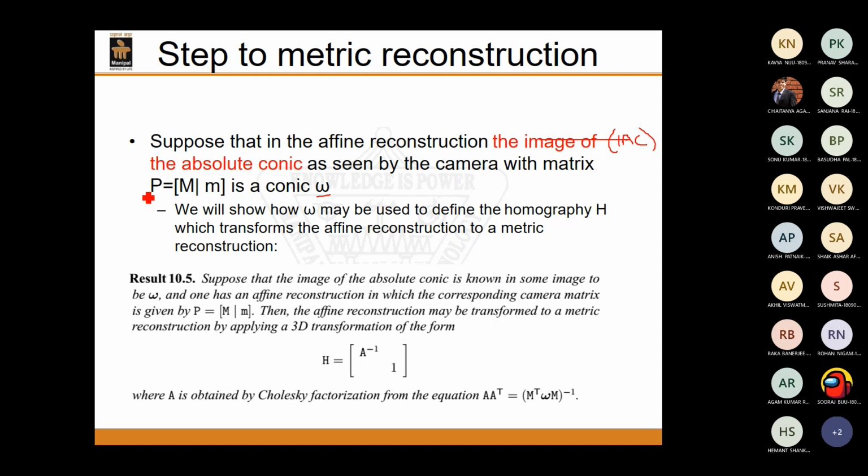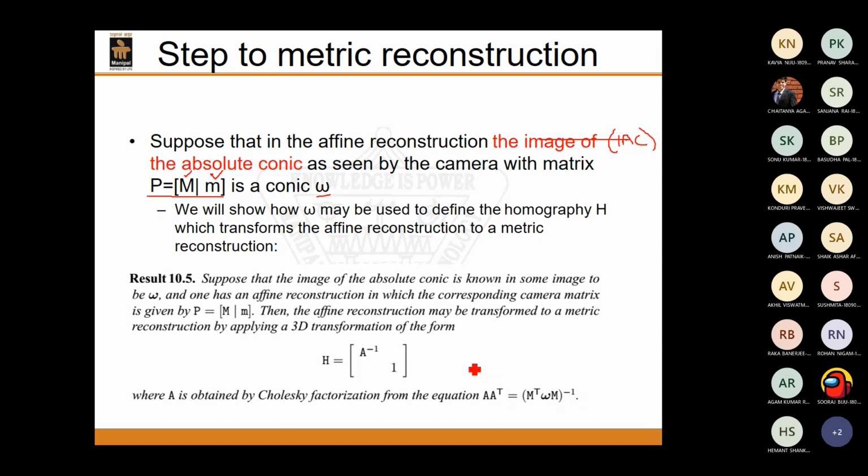And let's say the camera matrix is given by P = [M | m], where capital M is a matrix and small m is a column vector, right? In that case, I can say the transformation matrix is given by H = [A^-1 0; 0 1], where A is given by A transpose = (M transpose omega M) the whole inverse.